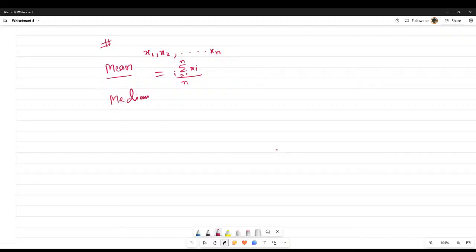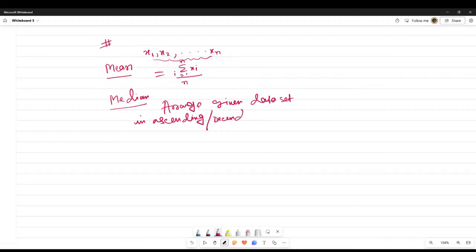Median, how to find? The data should be arranged, all these observations, in ascending or descending order. Arrange the given data set in ascending or descending order.